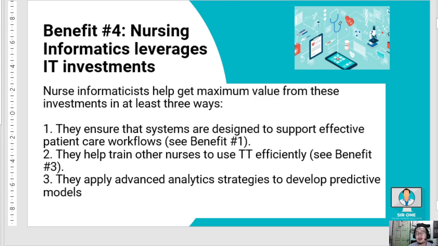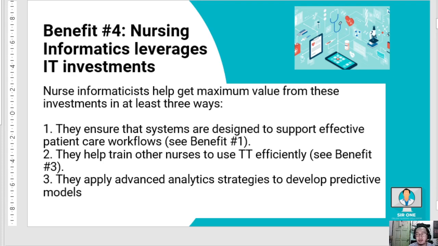And second, as a nurse informaticist, you can help train other nurses to use technology efficiently. Then third, nursing informaticists apply advanced analytics strategies to develop predictive models.